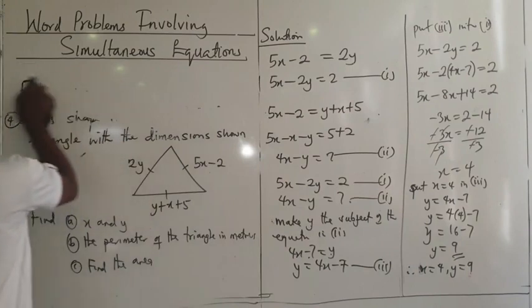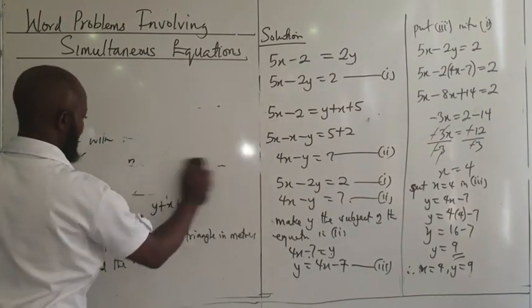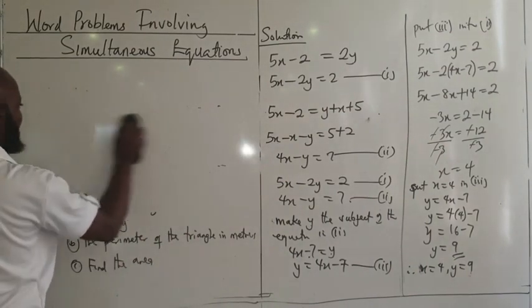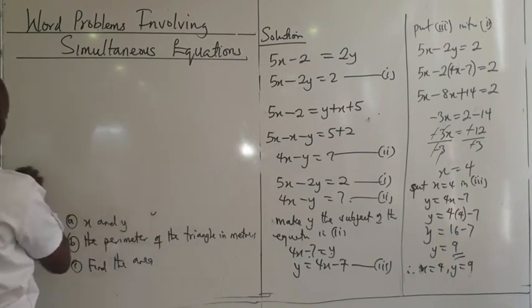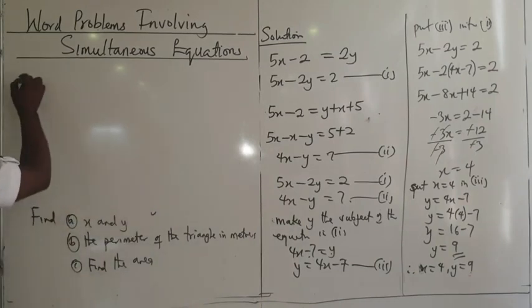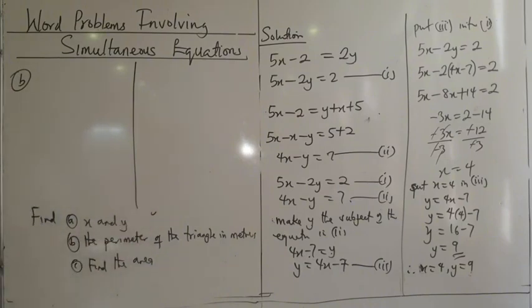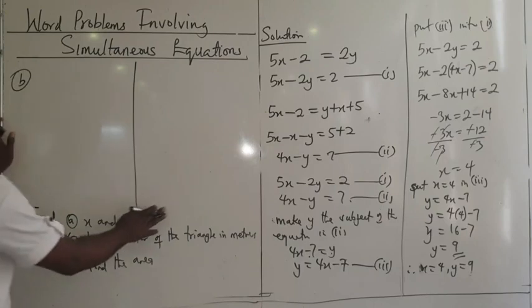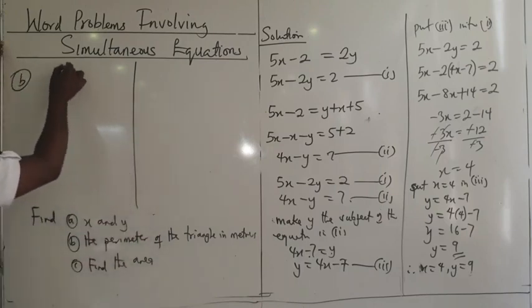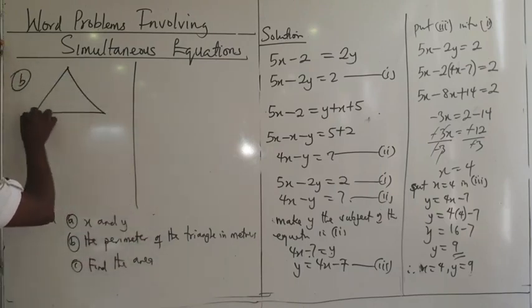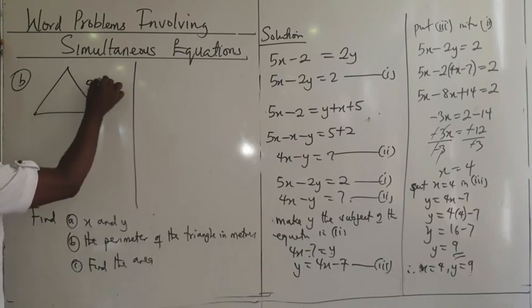Therefore, for B, find the perimeter. So how are we going to find the perimeter? So the shape, which is this, we have this. So we have 5x minus 2.